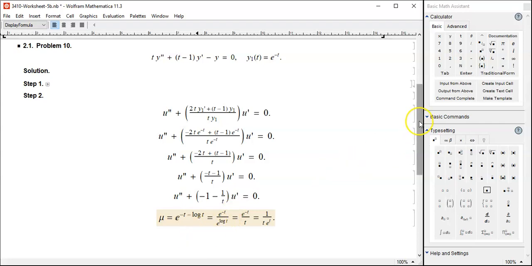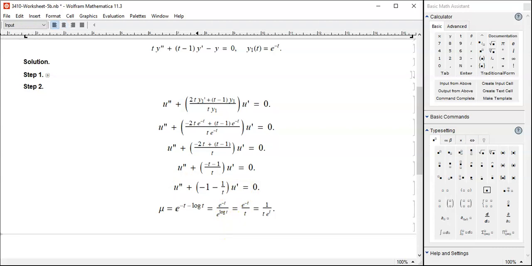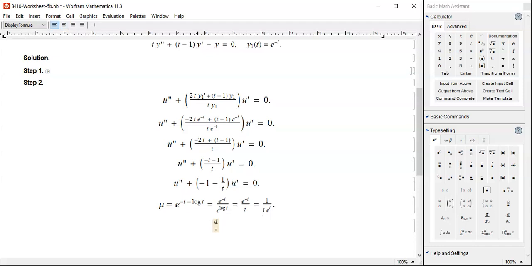Okay, now that we have the integrating factor, this equation here can be rewritten like this. Of the integrating factor times u prime of t is equal to the integrating factor times 0.